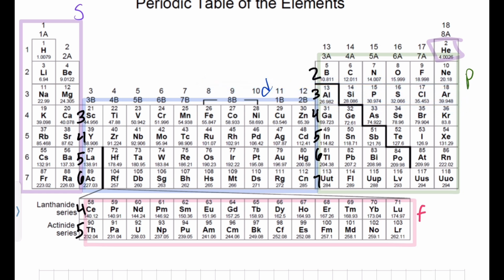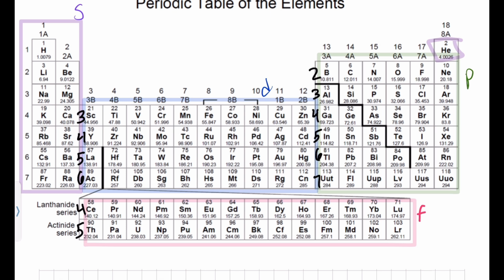Then down to period 4, this is 4s, and then when you get to the D block, this is 3d, not 4d. You start with 3d, and then you go to 4p. And so on and so forth.